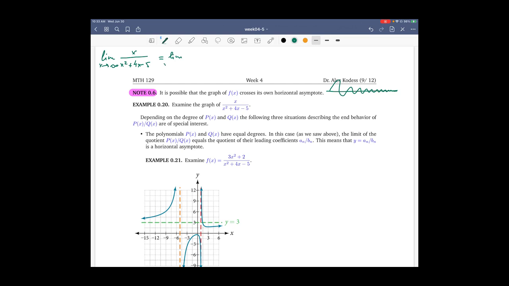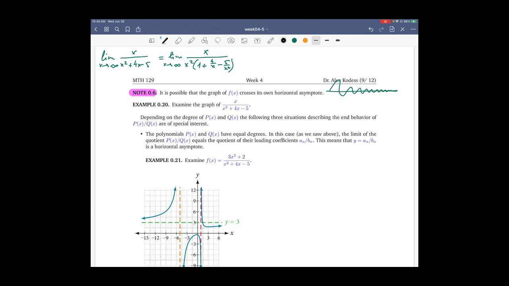Such limits are easy to compute if you factor out the highest power of x in the top and in the bottom. The highest power of x in the numerator is just x, and in the denominator we can factor out x squared, so that in parentheses we have 1 plus 4 over x minus 5 over x squared.